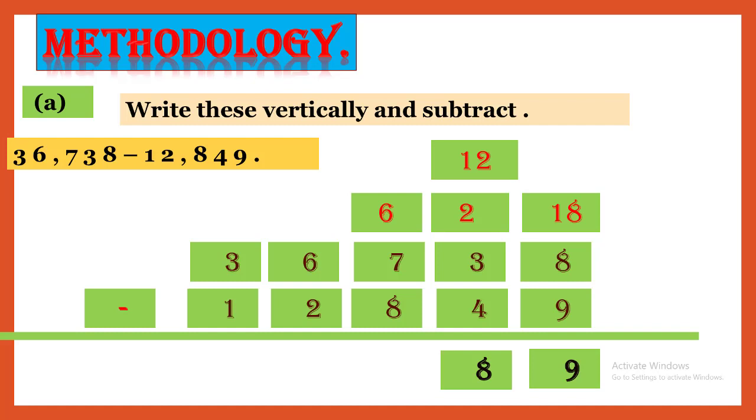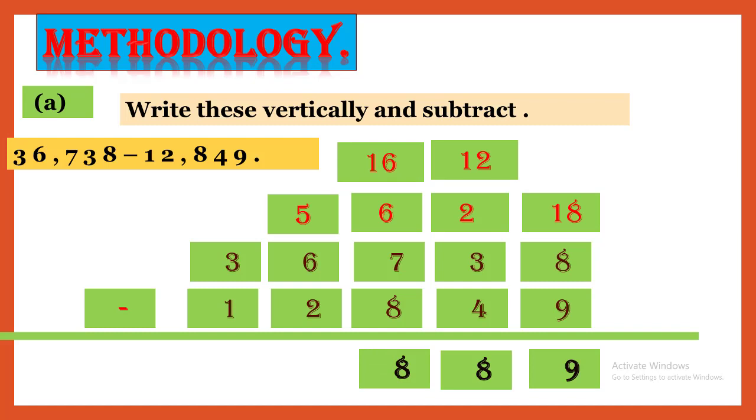See the next column. 8 cannot be subtracted from 6, so we have to take 1 carry from next column, that is 6. When we take 1 carry from 6, 6 will become 5 and 6 from the previous column will become 16. When we subtract 8 from 16, answer will be 8.